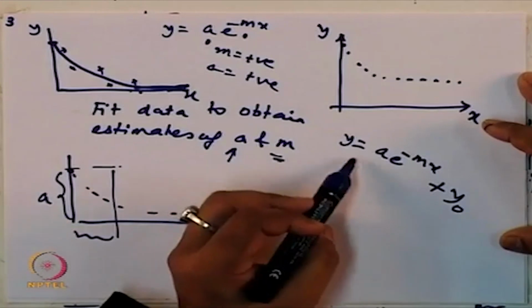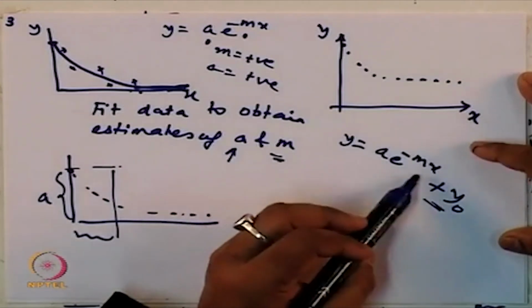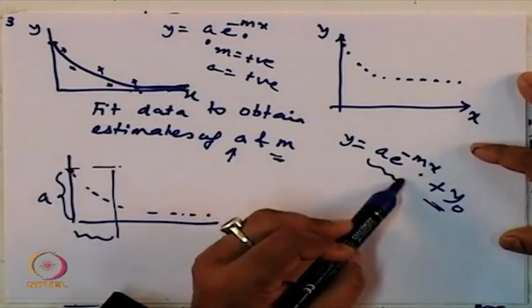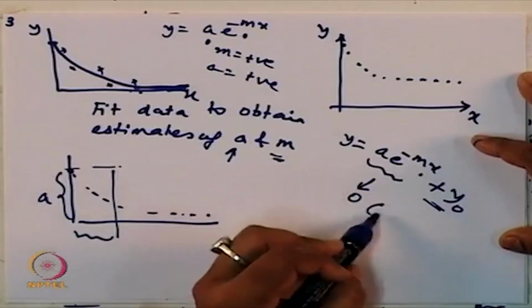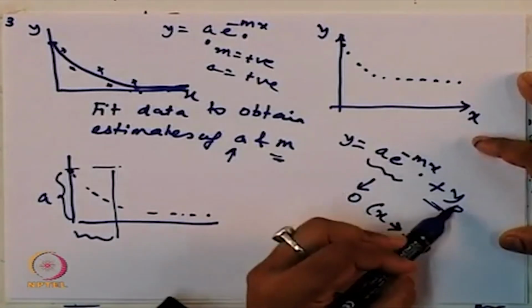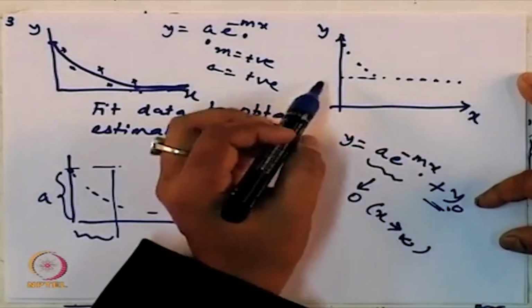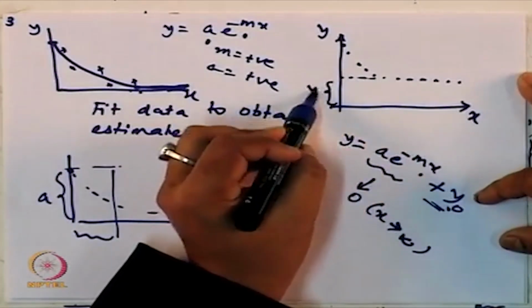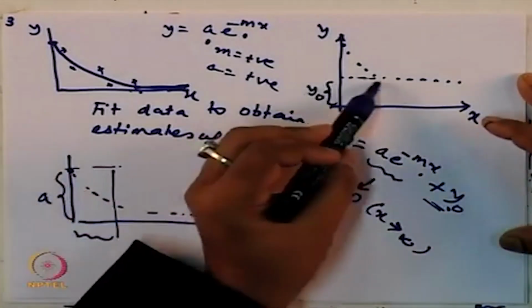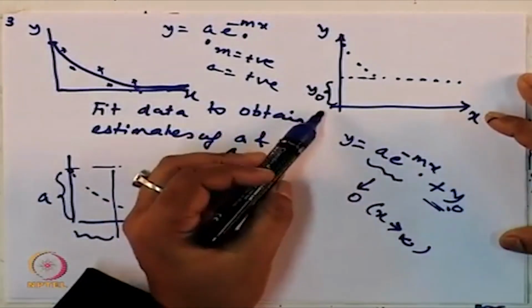As you observe, as x tends to infinity, this component will return a value of 0. So, y naught is the plateau value.